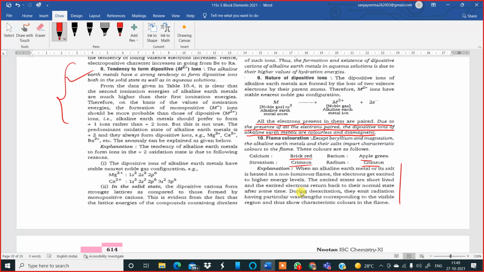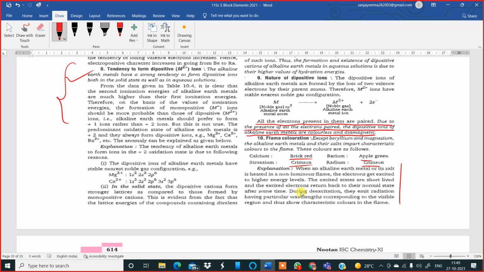Upon heating, the electrons get excited to the high energy orbitals. Those high energy states are short lived, so those electrons jump down again to the lower energy states, and during that jumping down there is a release of energy, which corresponds to a particular color in the visible spectrum.